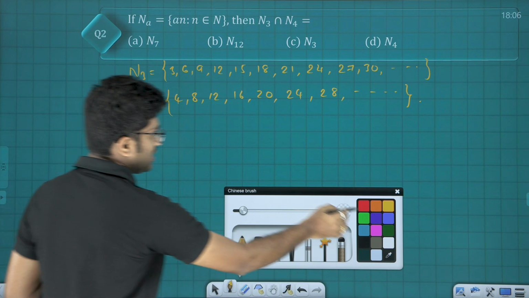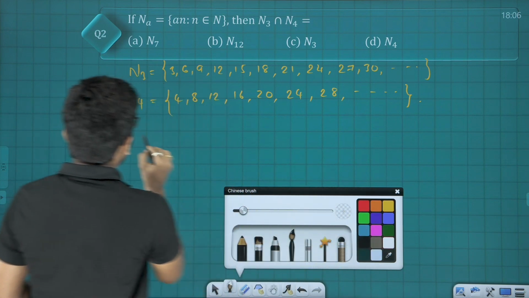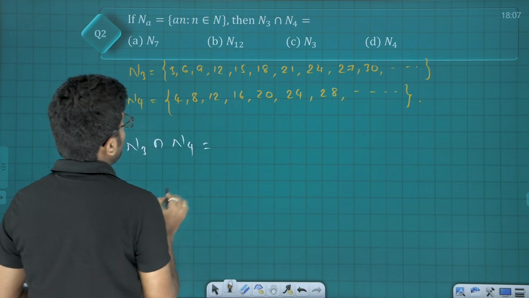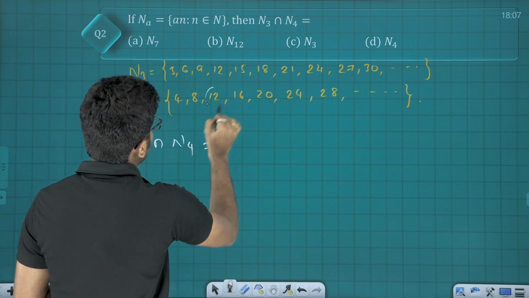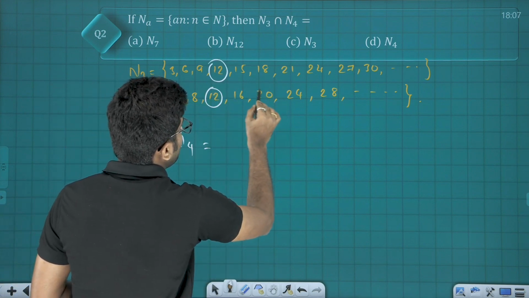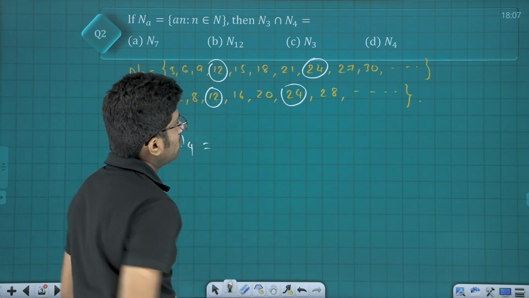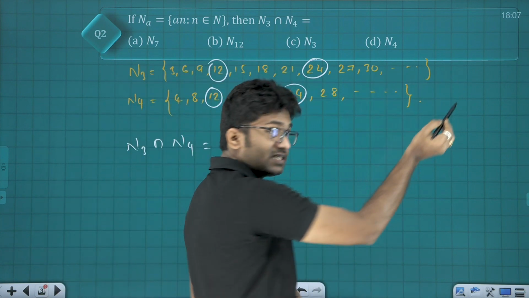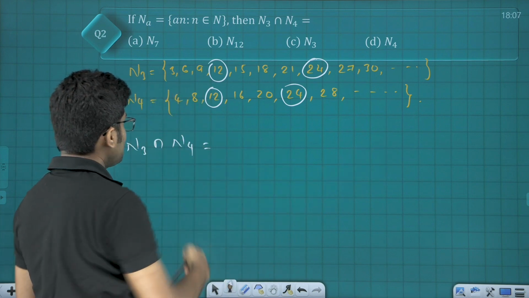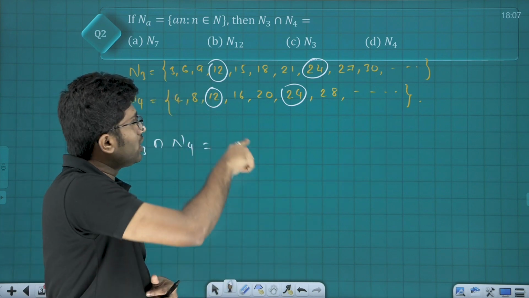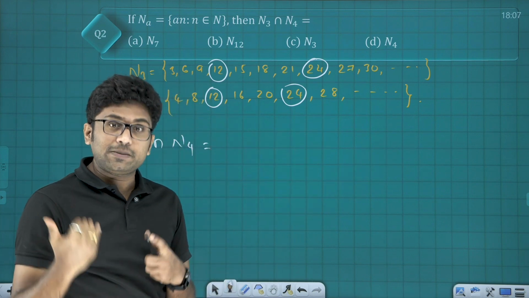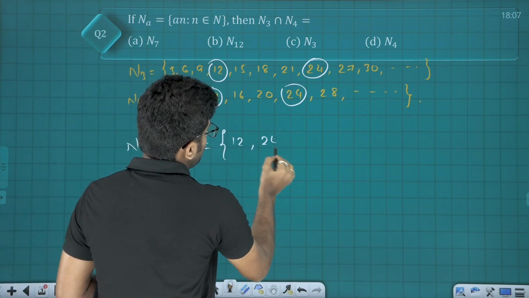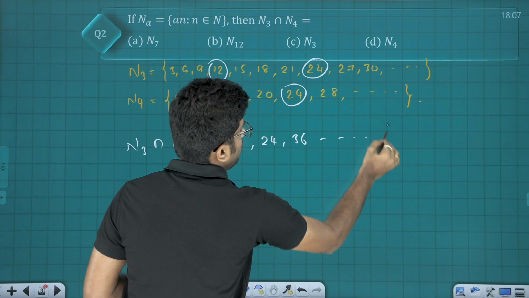Now what they are asking, simple question, N3 intersection N4, friends. What are the common elements that you observed in both? 12, next 24, next we get 36. So 12, 24, 36 are all multiples of 12, and so on, 48.